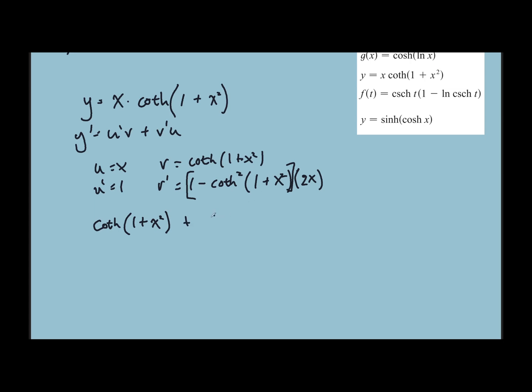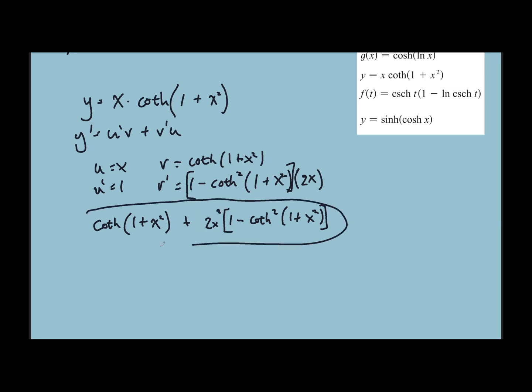Plus v prime, that's this coolness here, 2x, 1 minus hyperbolic cotangent squared of 1 plus x squared. And this whole thing is going to be multiplied by x. So I guess we could just make it 2x squared.